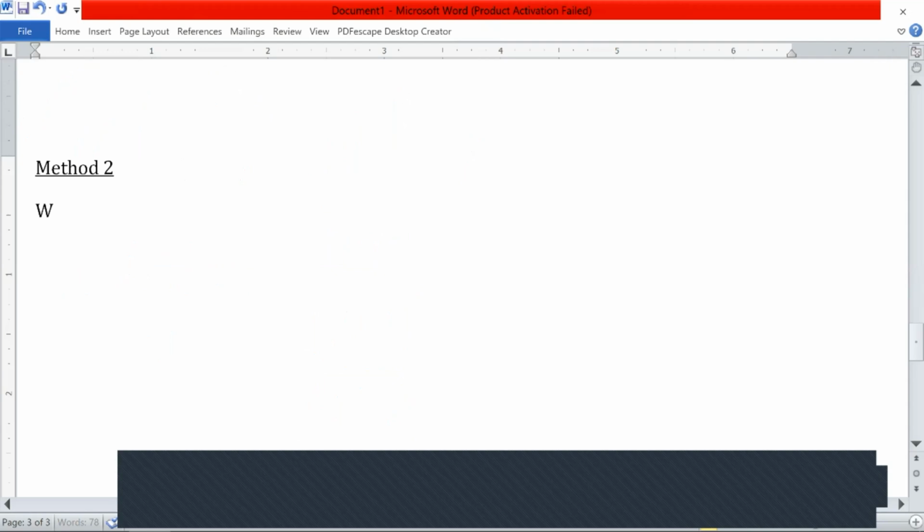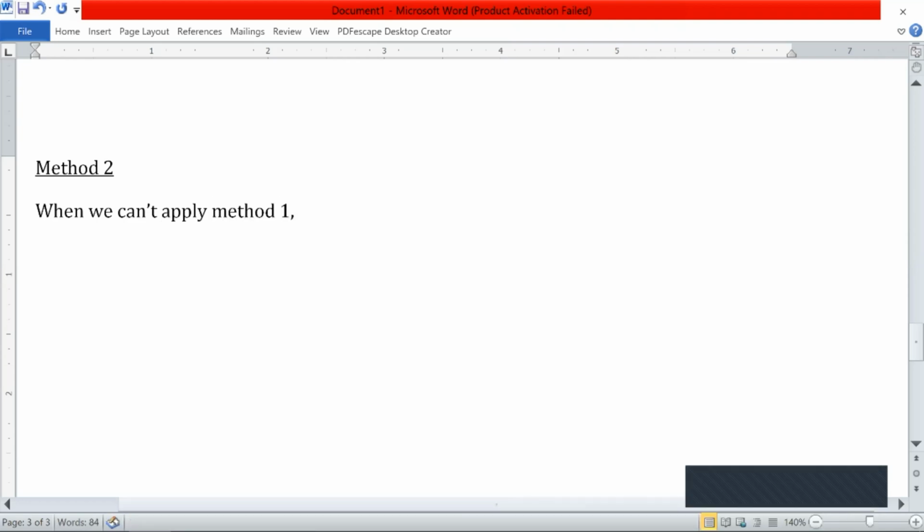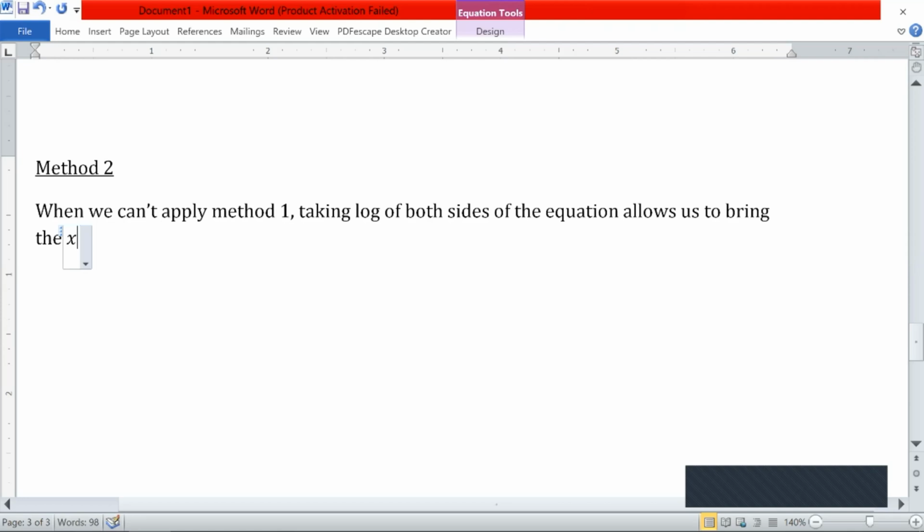Write under method 2: when we can't apply method 1, taking log of both sides of the equation allows us to bring the x down and solve the equation easily.